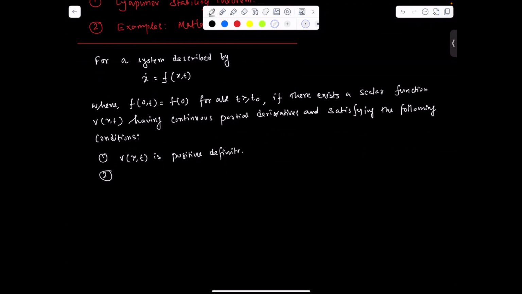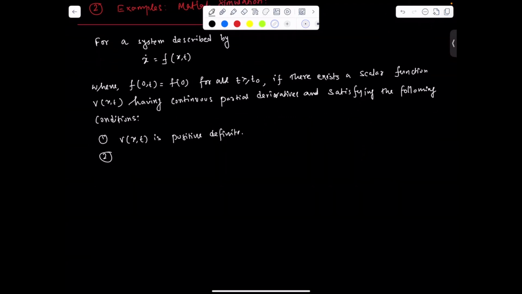and the second condition, V dot of x, t is negative definite.